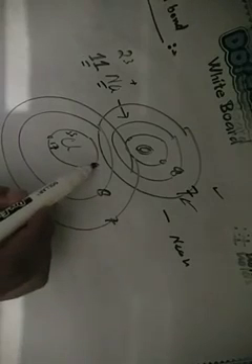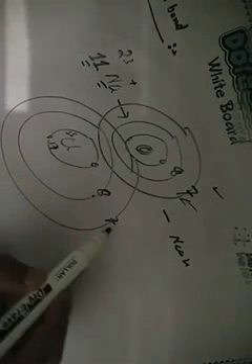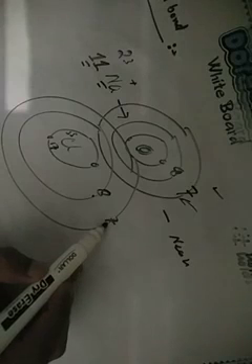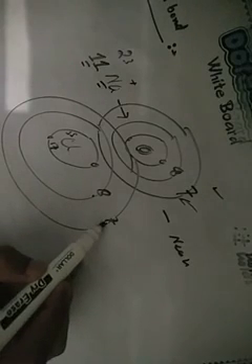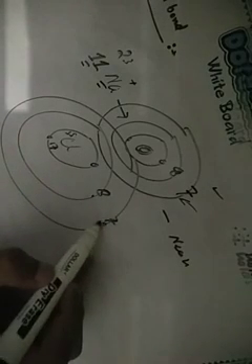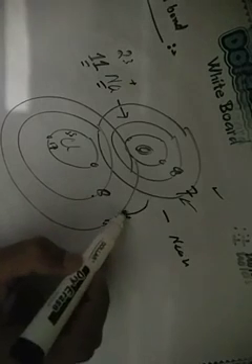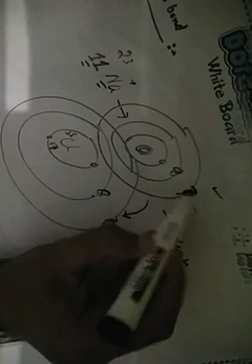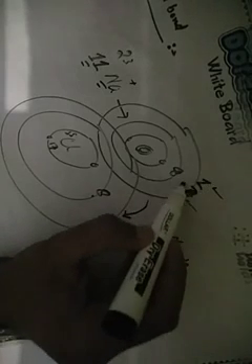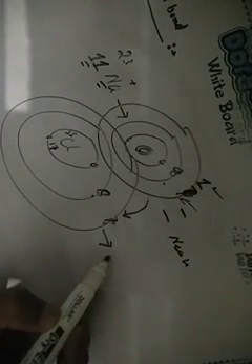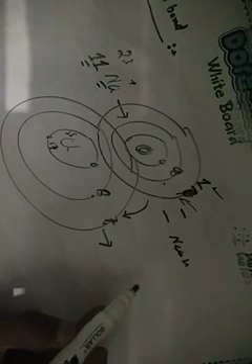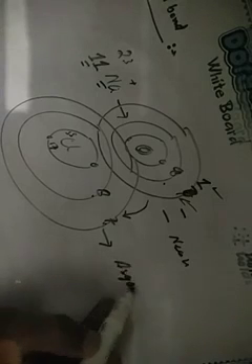So 2 electrons in the first shell, 8 electrons in the second shell, and 7 electrons in the third shell. And when chlorine gets 1 electron from the sodium atom, it gets the electronic configuration of argon. Sodium gets the electronic configuration of neon, and chlorine gets the electronic configuration of argon. Both become stable and become ions.